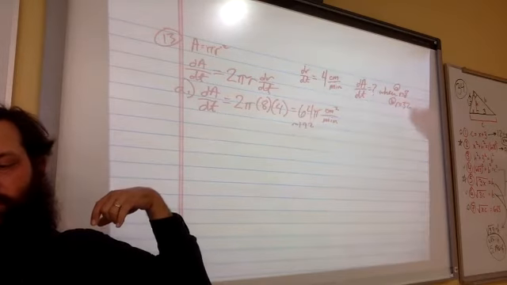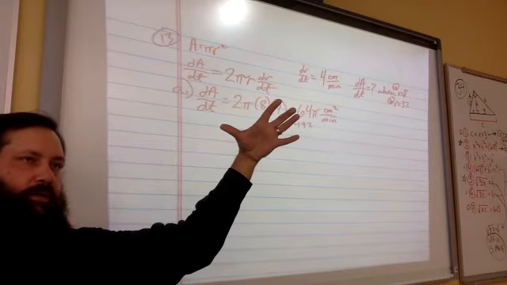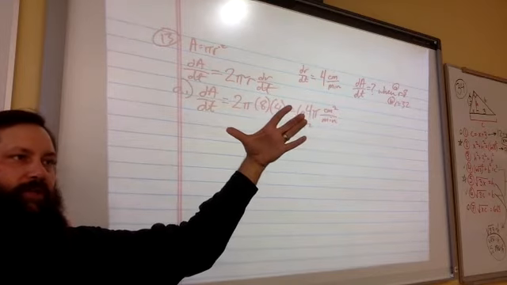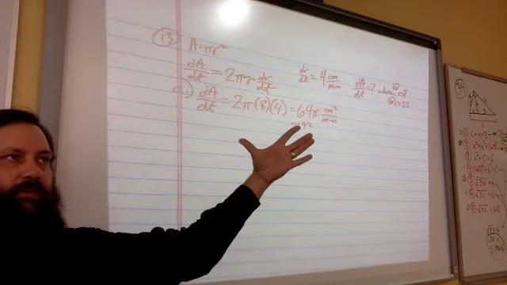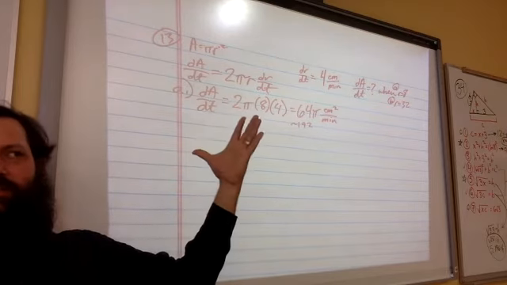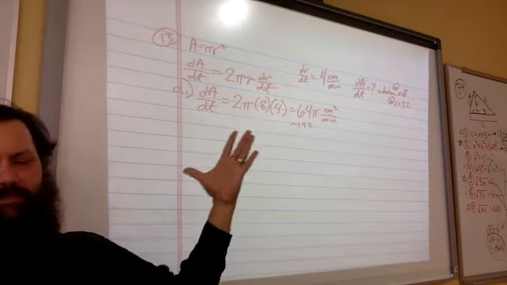So if we started with the radius of 32, a big circle, 4 times bigger, and we still increase the radius at a rate of 4 centimeters per minute, is the area going to grow any faster or slower or the same? Same?